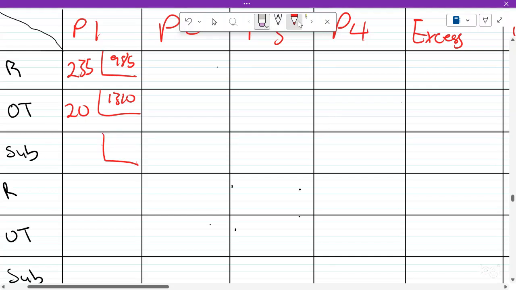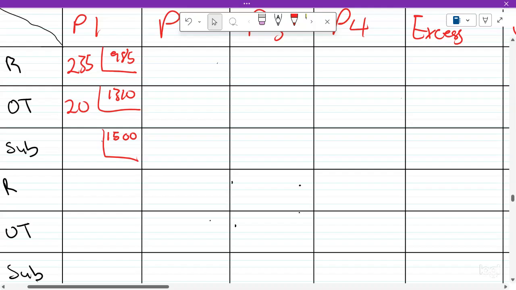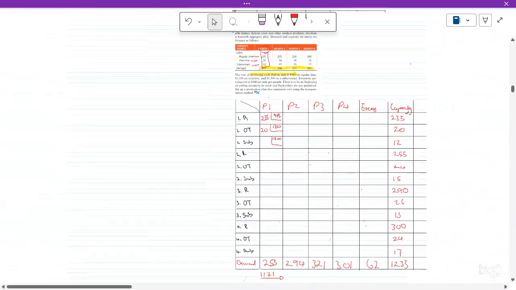Visibility is everything. So now this 235 plus 20 is giving us 255. So this one is sorted at 255.